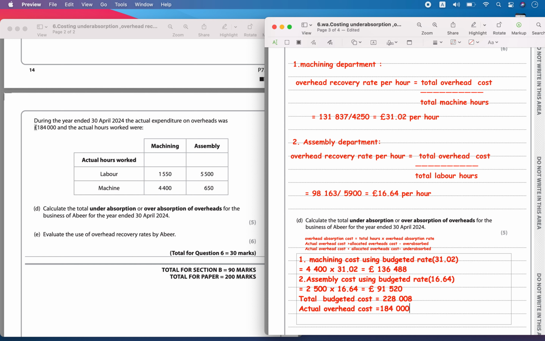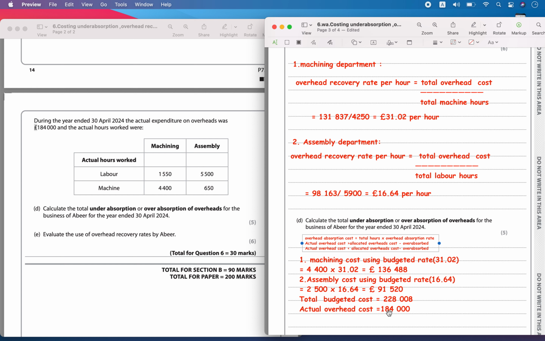Which means that I have been able to over absorb. The actual overhead cost has become less than the budgeted cost, so it means over absorbed.